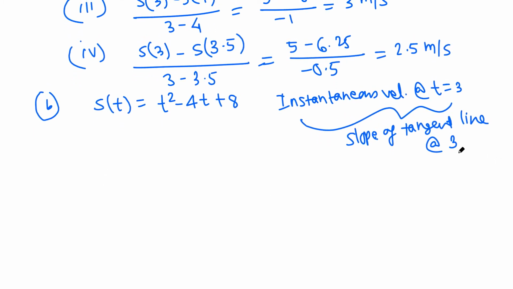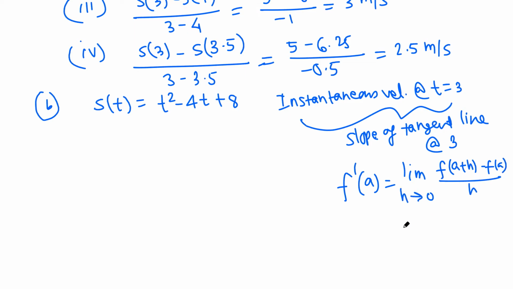The slope at a number a is just f prime of a, which equals the limit of f(a plus h) minus f(a) over h, as h goes to 0. My bad, I first wrote the wrong formula. But our function is s and a is 3.